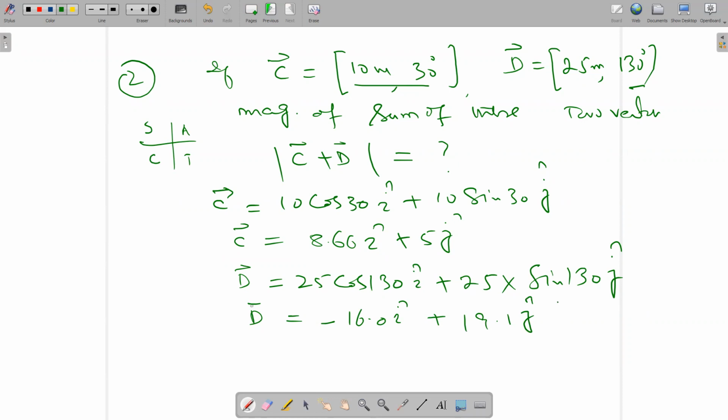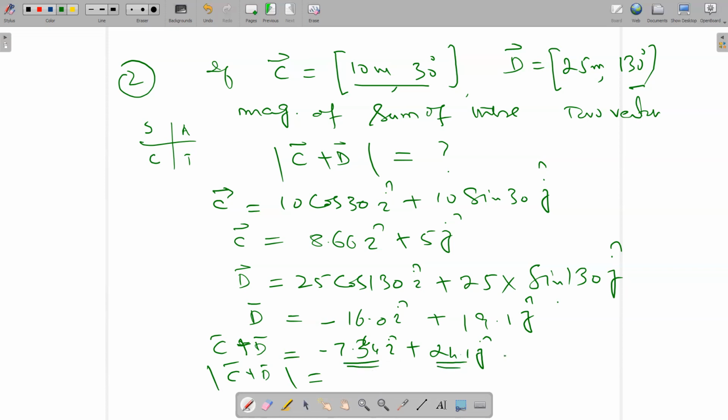Now you have C and D, so you will find C plus D. When you find C plus D, the answer will be minus 7.34i plus 24.1j. Then you will find the magnitude of C plus D. Magnitude means taking the square of each component and the square root.